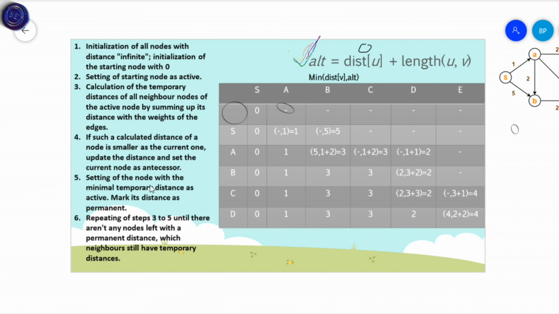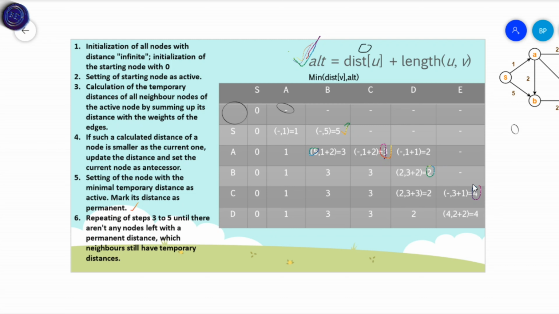Setting a node with the minimal temporary distance as active, mark its distance as permanent. So after we get this, we set it as permanent. Here we set 5 as a permanent one. Here we set 3 as a permanent one. Here we set 2 as a permanent one.